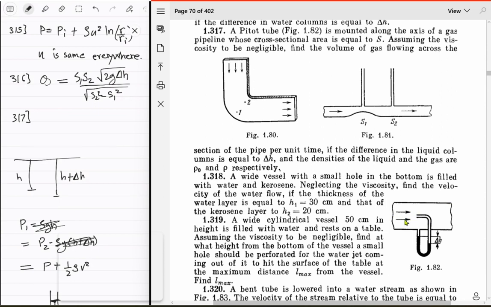So how can you do this? The streamlines are going like this, avoiding this part. So then what's the pressure here? Is this actually equal to dynamic pressure or not? That's how the pitot tube is used, right? To measure the dynamic pressure. But how would you know it is actually that?